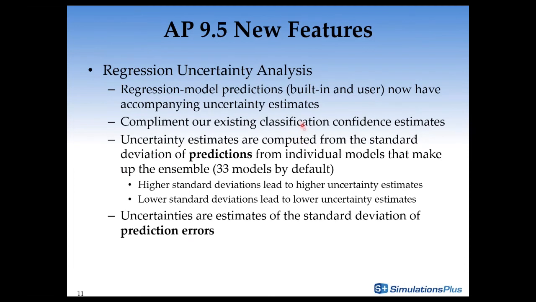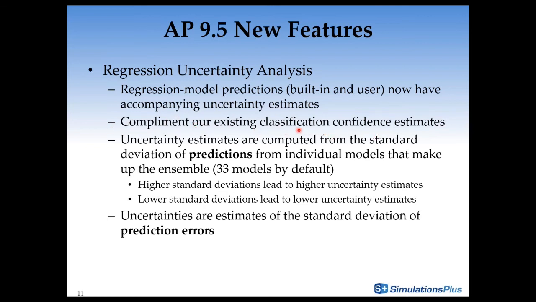Another new feature we call regression uncertainty analysis. So regression model predictions, both our models and user models, now have accompanying uncertainty estimates. This complements an existing feature, which is the classification confidence estimates.